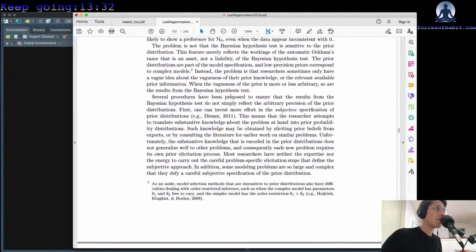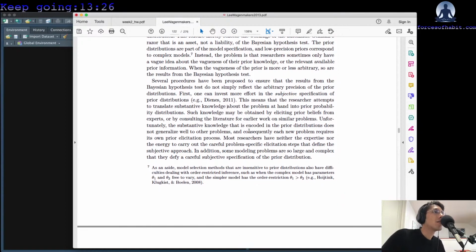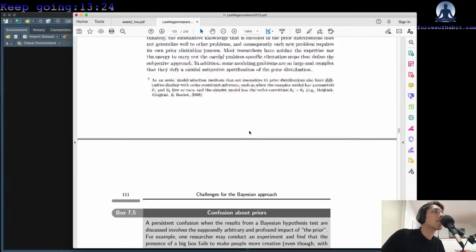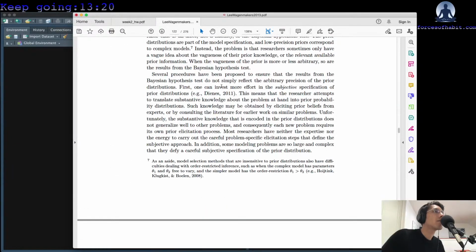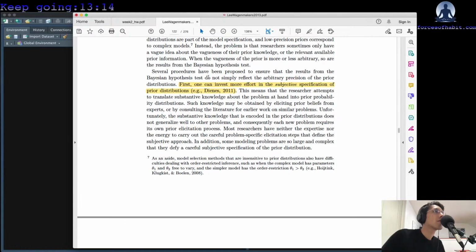So here are some solutions then. So picking more informative priors. So how can we prevent Bayesian procedures from simply reflecting arbitrary precision of our prior distributions?